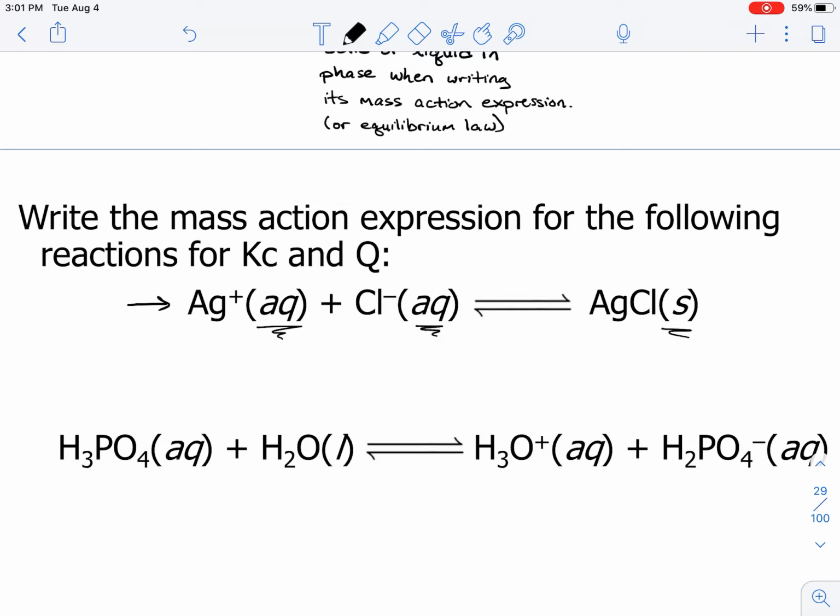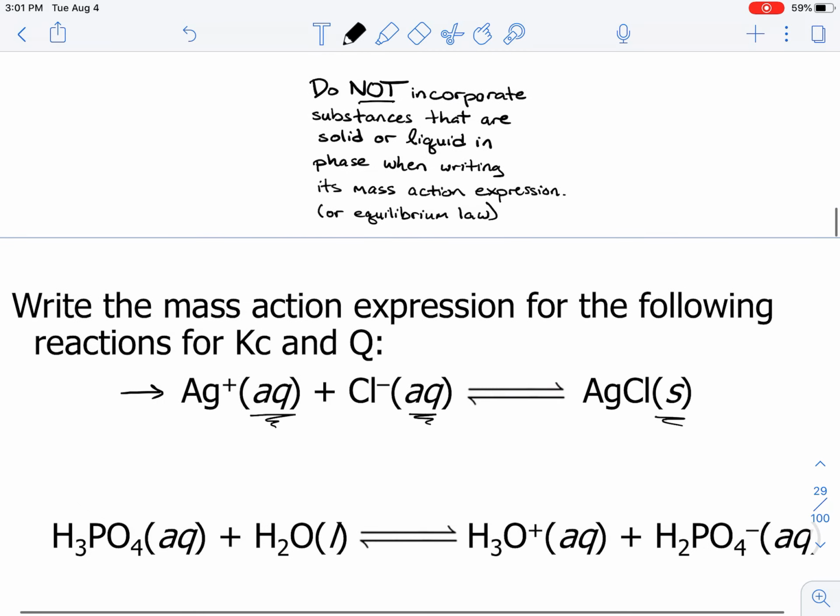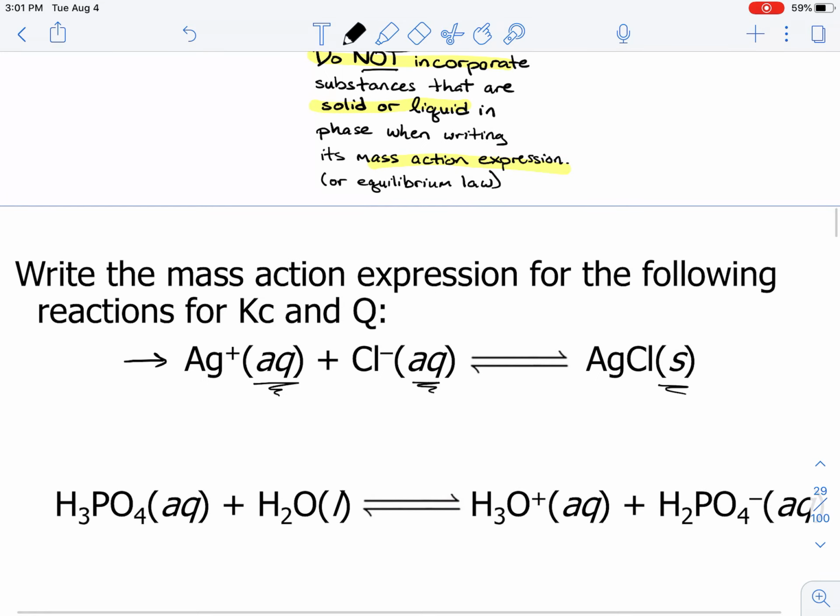Now, based on what I just discussed, if you have a substance that's solid in phase or liquid in phase, you do not incorporate it in your mass action expression. And so we're going to go ahead and exclude this from our mass action expression.